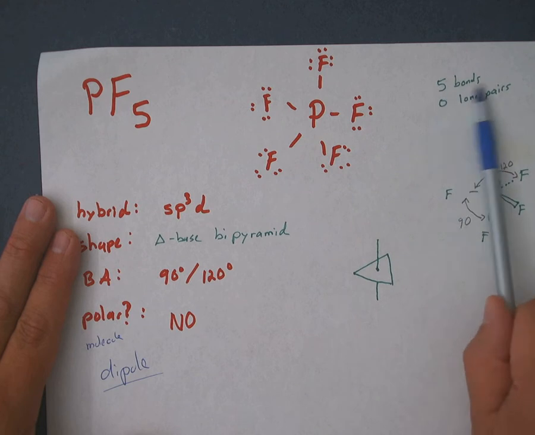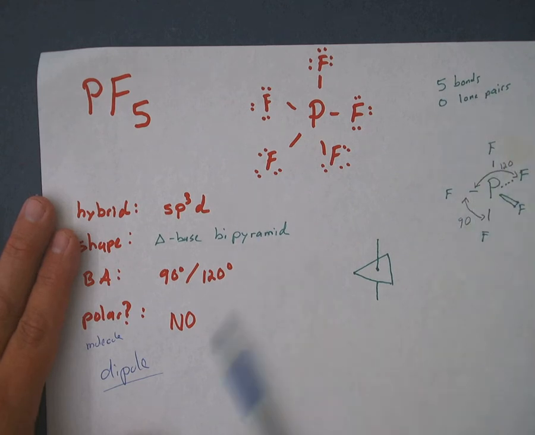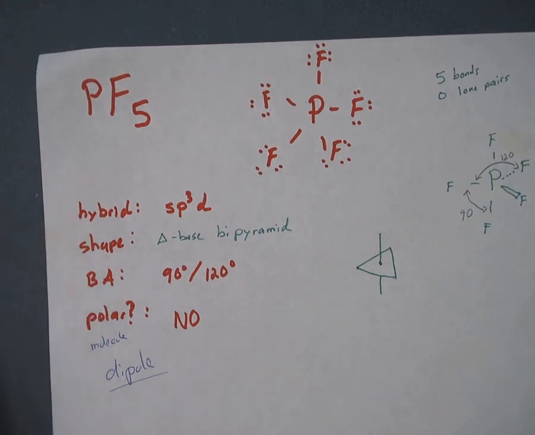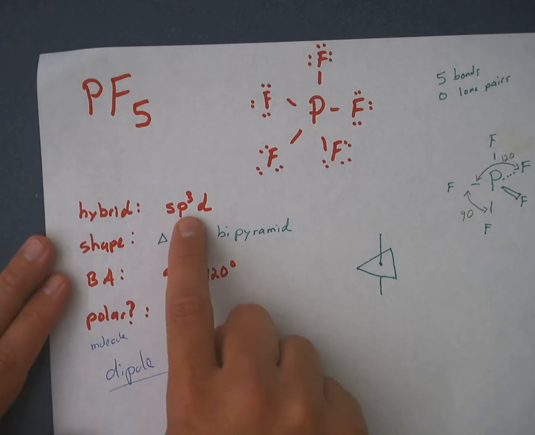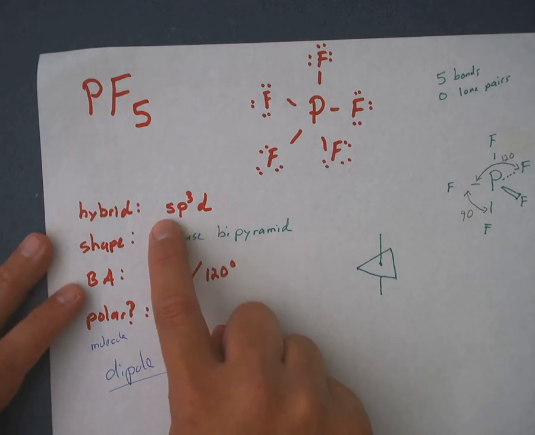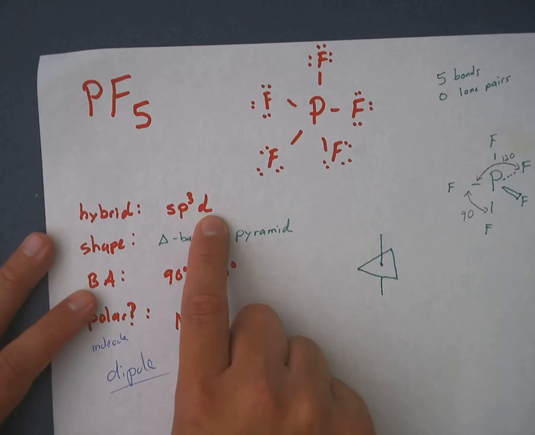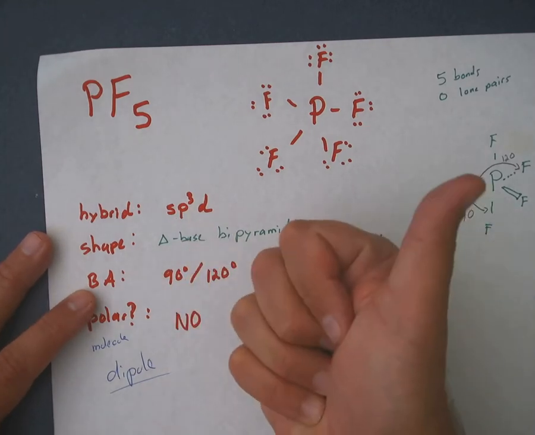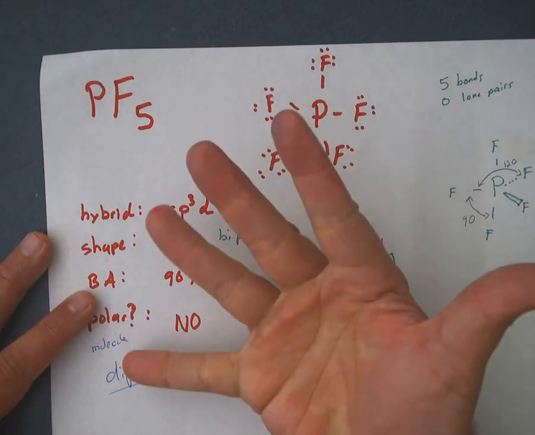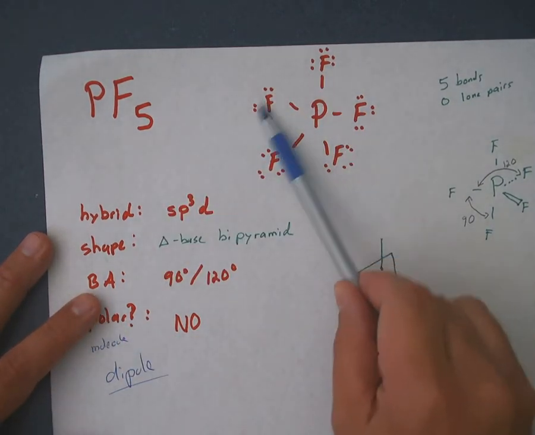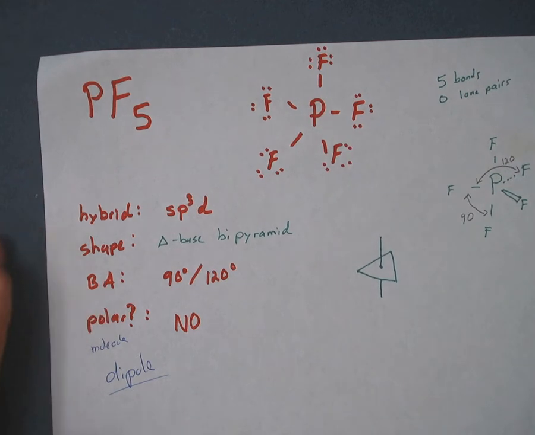Anytime we have 5 bonds and 0 lone pairs, we have a hybridization of sp3d. So we took one s orbital, 3 p orbitals, and a d orbital. You'll notice s, 3 p's, and a d add up to 5 because there are 5 species around the phosphorus atom.